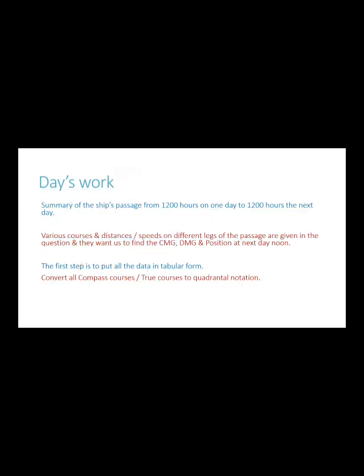So when we make this table, the first thing that we have, let me erase the ink on the slide. So when we make this table, the first step we have to do is, usually in the question they give us compass courses. Okay.